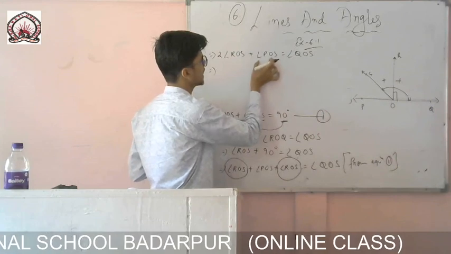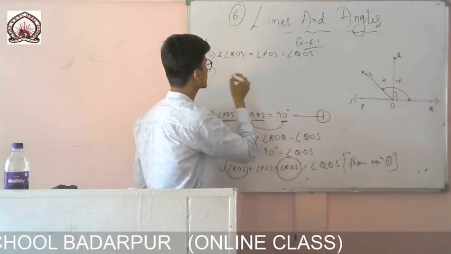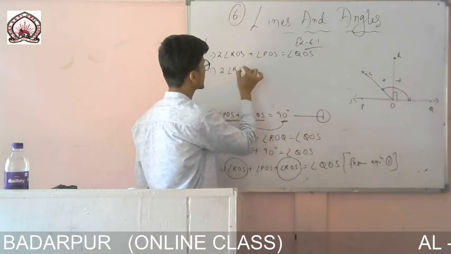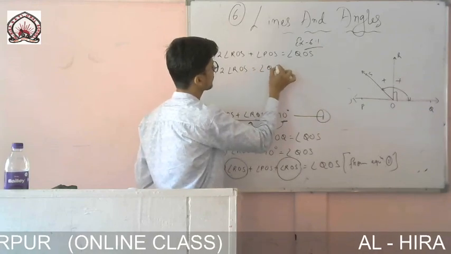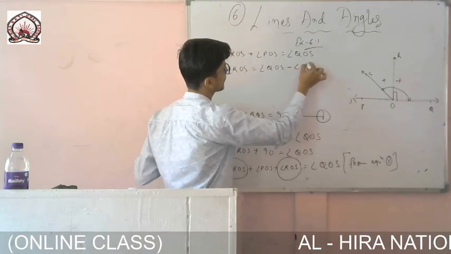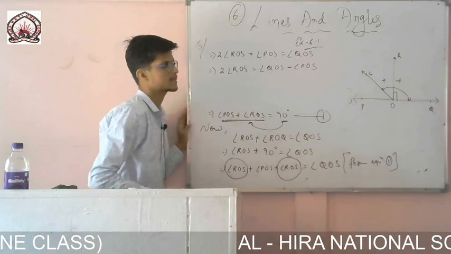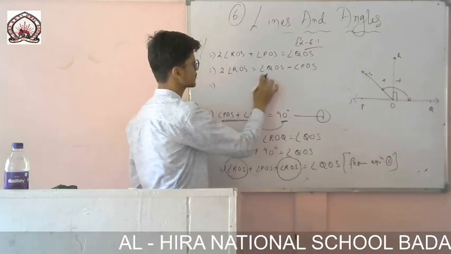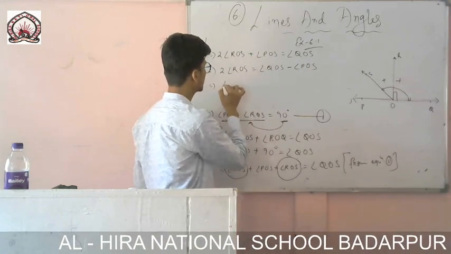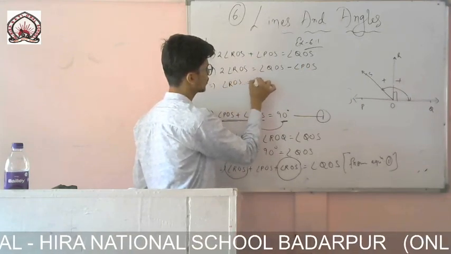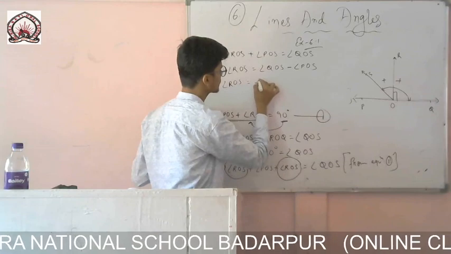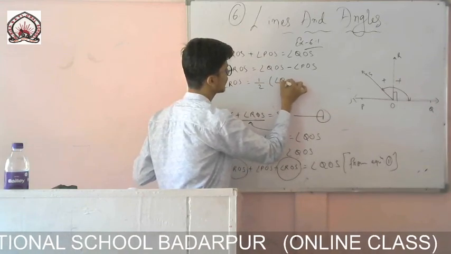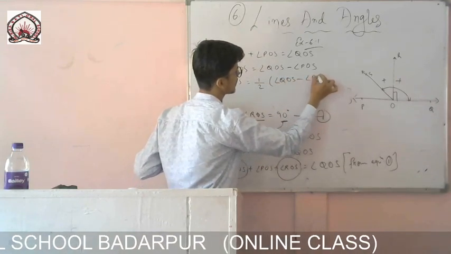If I change the side, if I change plus angle POS to this side, then it will be minus angle POS. Now 2 is there. If I transfer it to this side, then it will be divided by 2. That means I can write half into angle QOS minus angle POS.